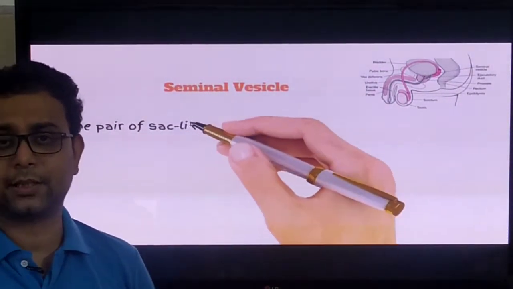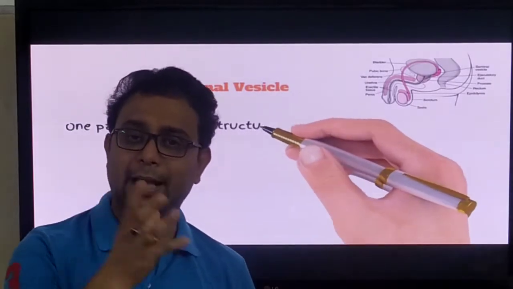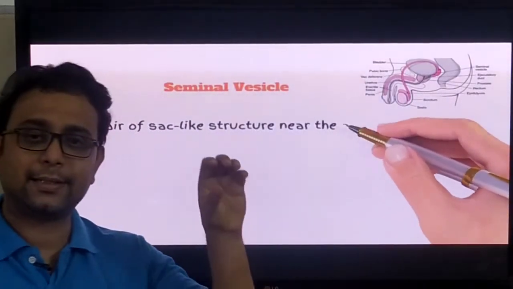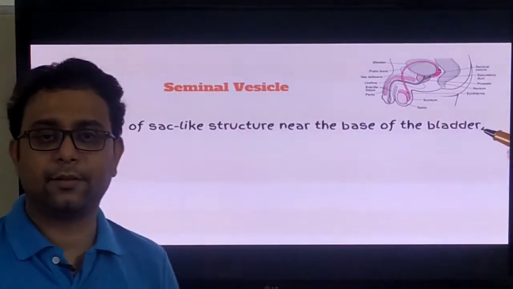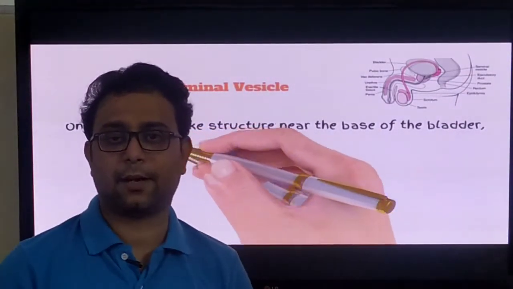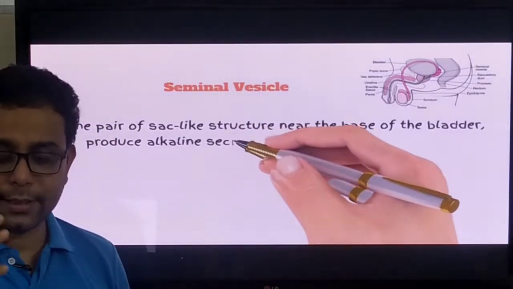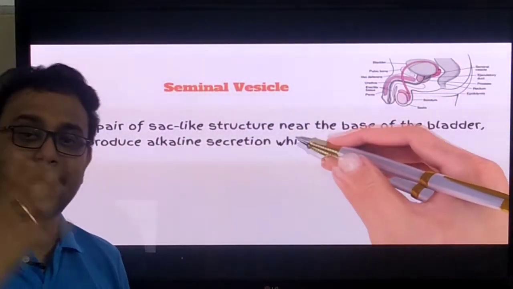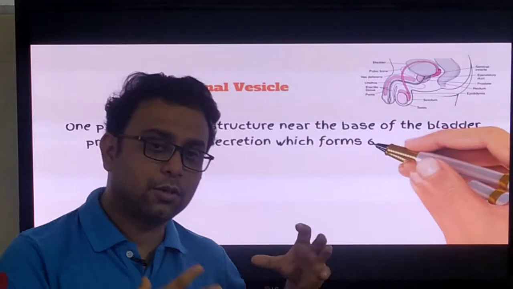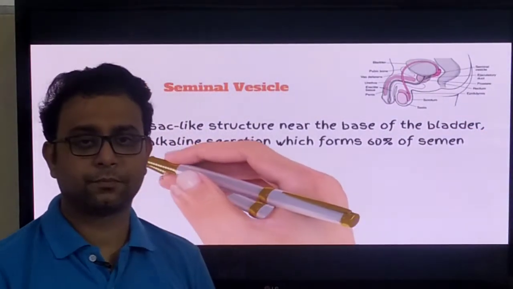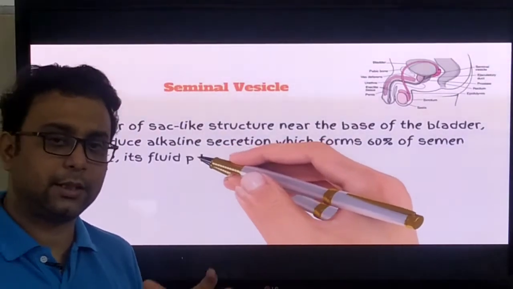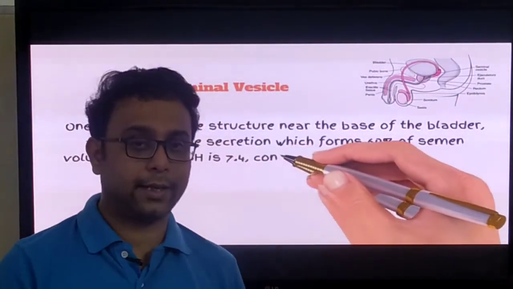But the seminal vesicle is one type of gland, a pair of sac-like structures. They secrete a mucus-like substance, which contains alkaline secretion and fructose, because you know the sperm is a living cell, so it requires energy.